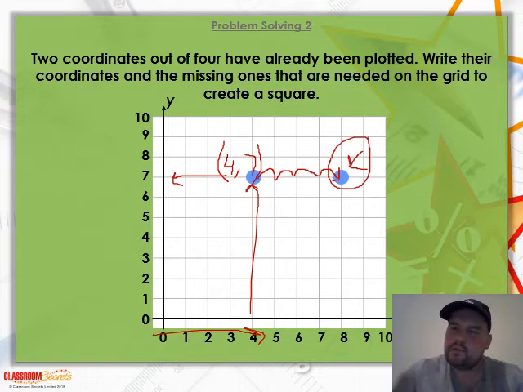We've jumped 4 squares. Now we know that a square is a rectangle where all 4 sides are the same length. That is like the important property of a square: all sides are the same length and it's a 4-sided shape. So if it's 4 squares across the top, then down the side would be 4 squares, along the bottom 4 squares, and up the other side would be 4 squares.